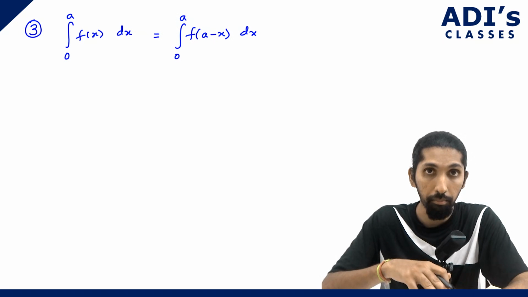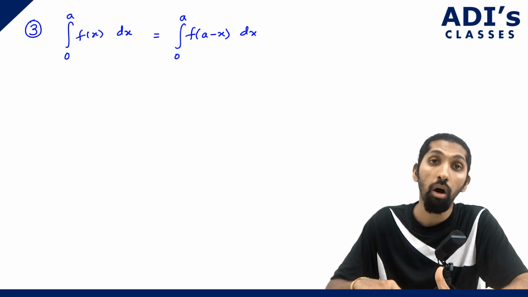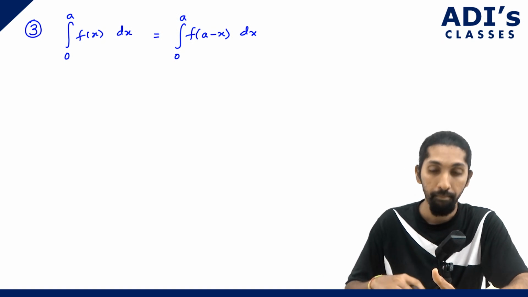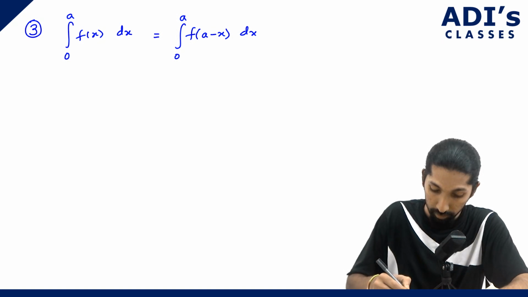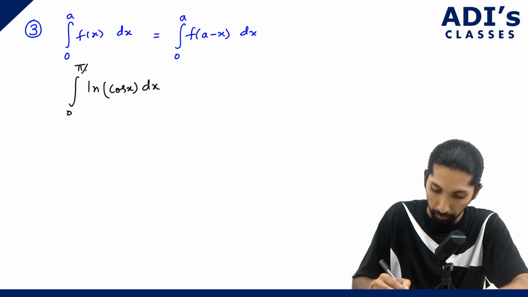Let me show you an example. I'm not solving the whole thing, but I'll show you how we apply this property before you start with problems. Suppose you have integral of log of cos x dx from 0 to pi by 2.